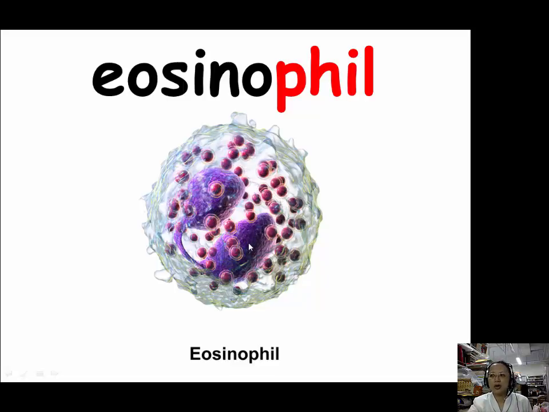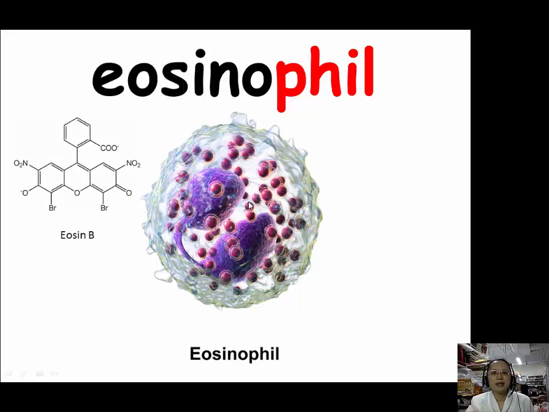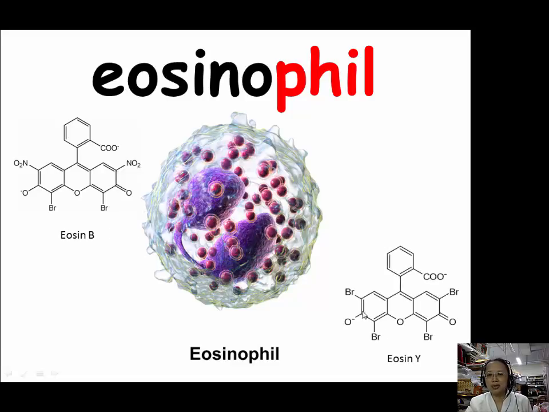It can also be called eosinocyte or eosinophilic leukocyte. So it is one kind of leukocyte. The reason why it's called eosinophil is because those granules can be stained by eosin B and eosin Y, these two dyes. So it's called eosinophil, meaning liking eosin.